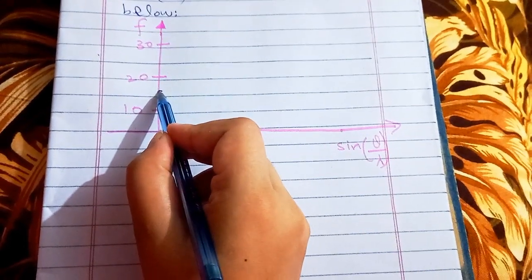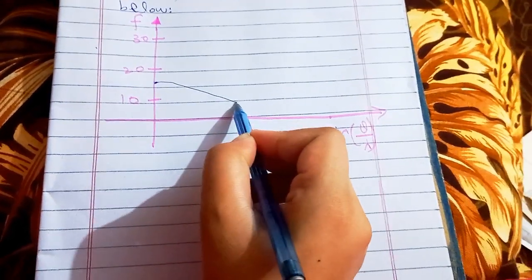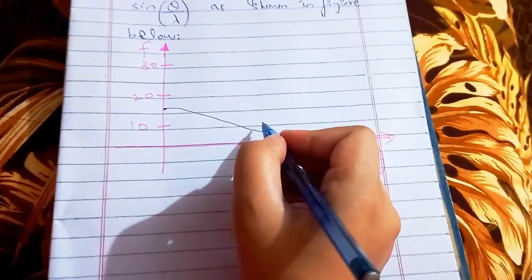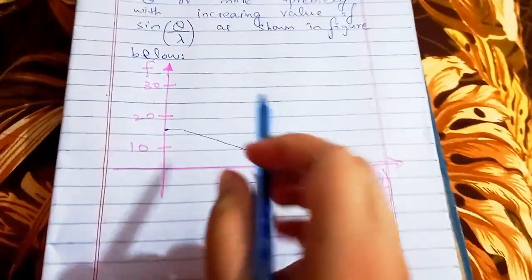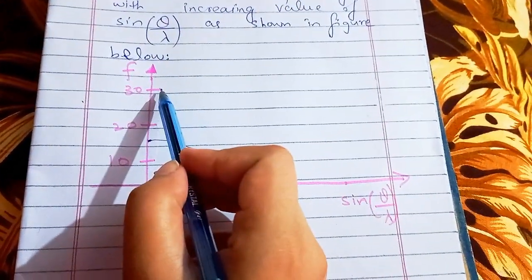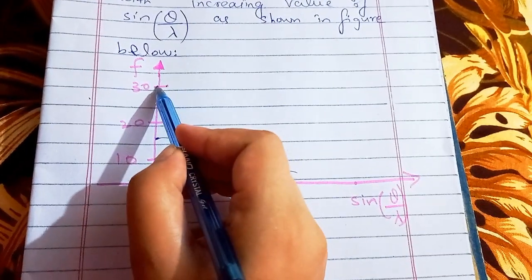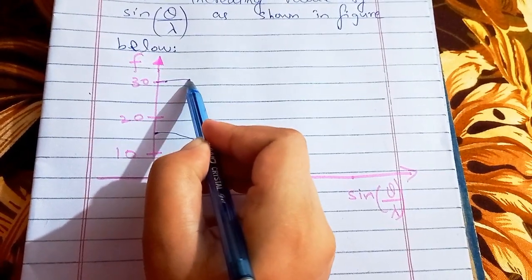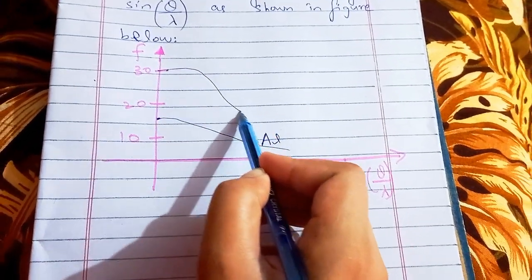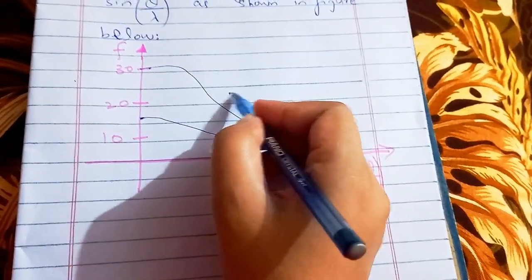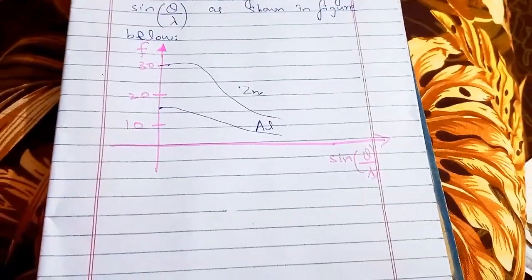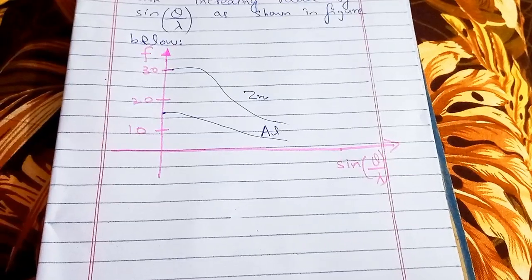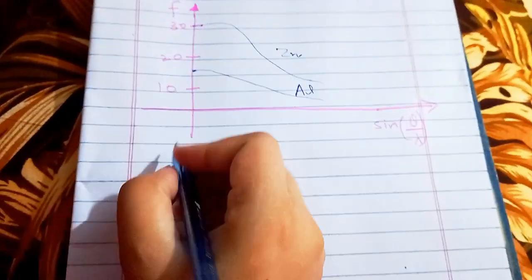So it starts like that and it decreases exponentially. This is for aluminium. This is experimental data. And then for zinc, it starts from 30 and remains like that, and then it decreases like that. This is zinc. You can draw it to show the relation of the atomic scattering factor.